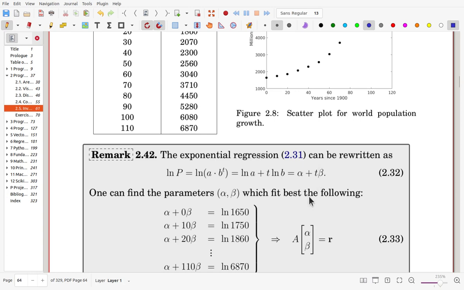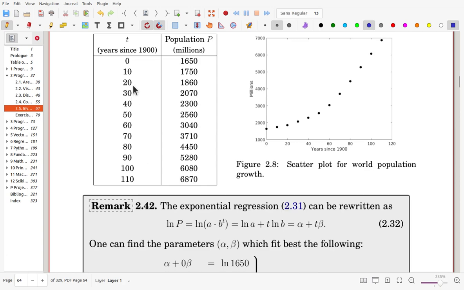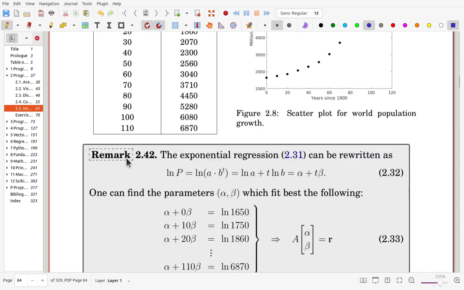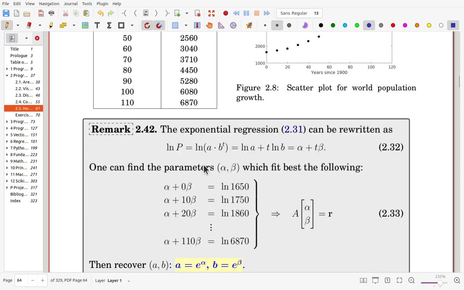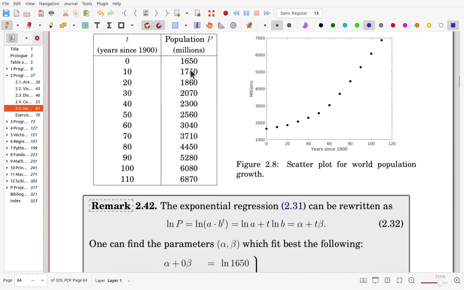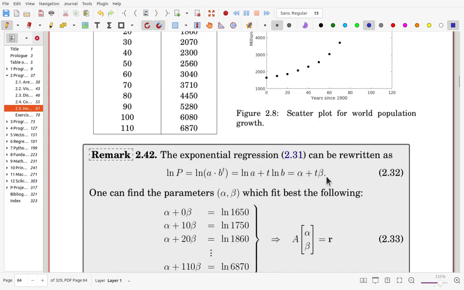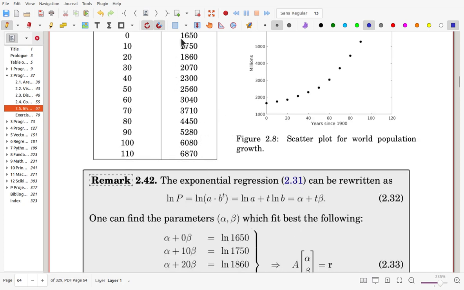So for each t, 0, 10, and so on, and for each P over there, we can write an equation in this way. When t equals 0, alpha equals the logarithm of 1650.